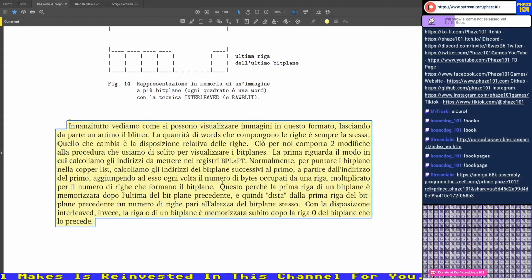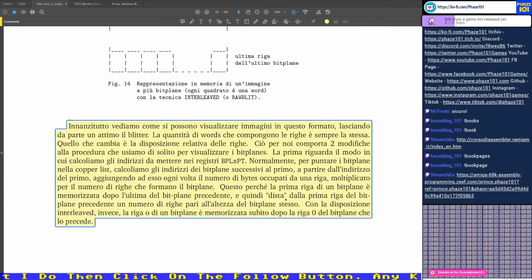That would have been the next bit plane, but with interleave, line 0 of the first bit plane doesn't change, it's the same address. But line 0 of the second bit plane, remember they go one after the other, is the address of the second bit plane.